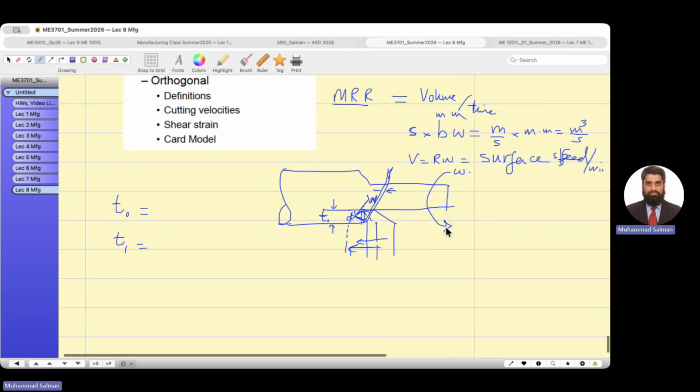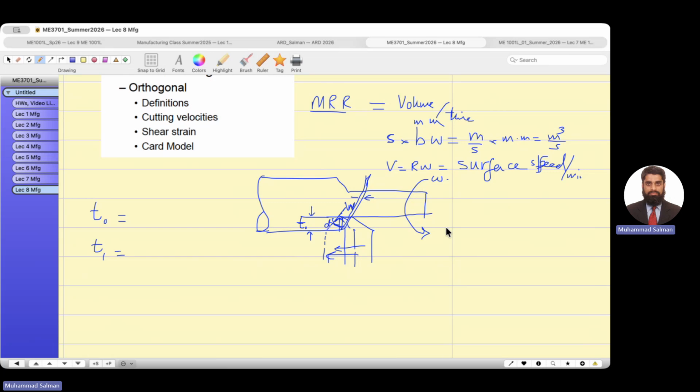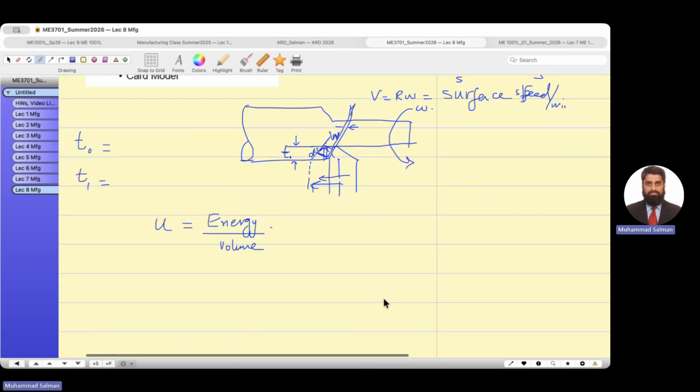And then you will see we can find out some more: the energy per unit volume, the cutting energy. I'll come back to this later, but let's go to the next slide.